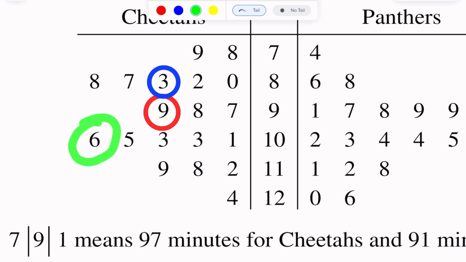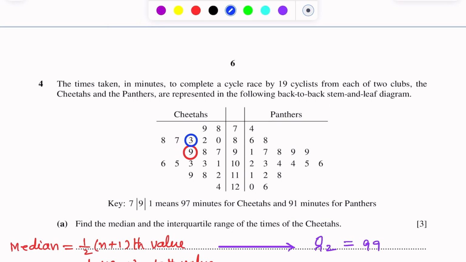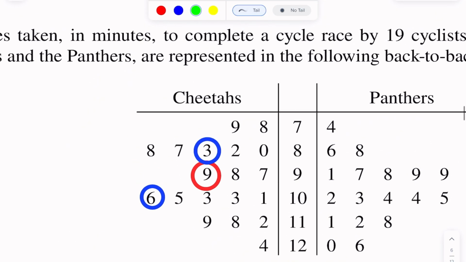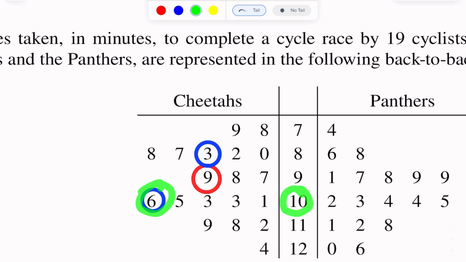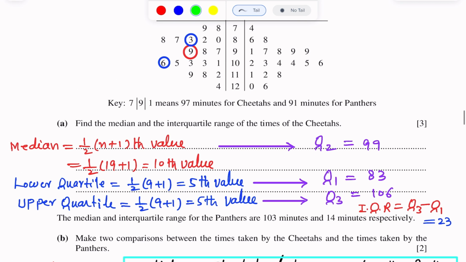This value will be the upper quartile. According to the key, 6 against 10 is 106. So the upper quartile is 106.